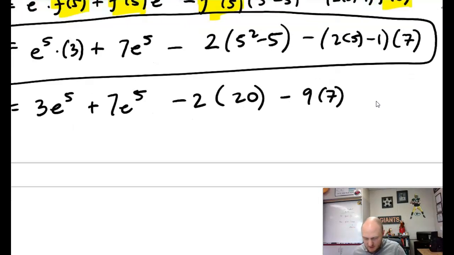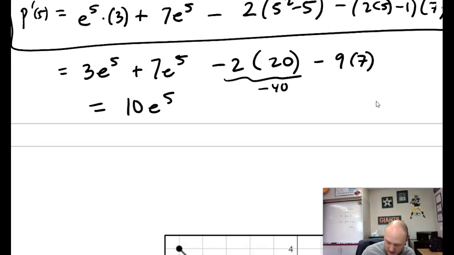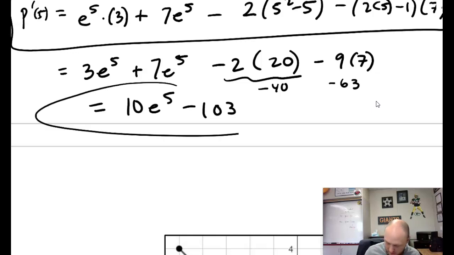Oh, going to test me on my 9s. Simplifying this gives us 10e to the 5th, minus 40, minus 63. So we get negative 103, and I got it right.